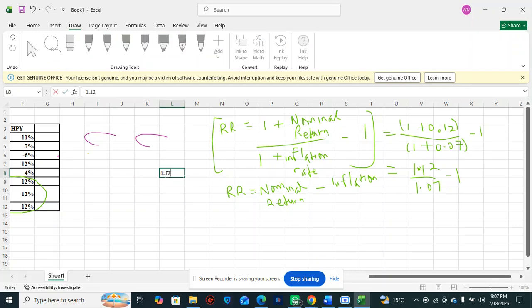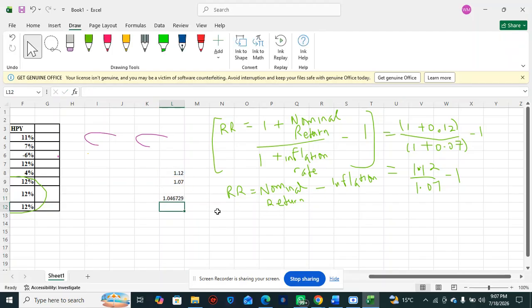So 1.12 divided by 1.07 is 1.046. 1.046 minus 1, you get 0.046. When we convert this into percentages, we get 4.6%.